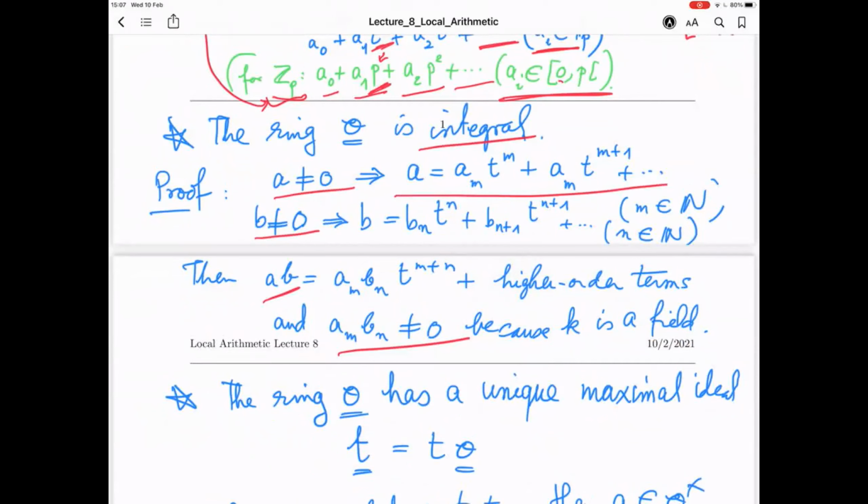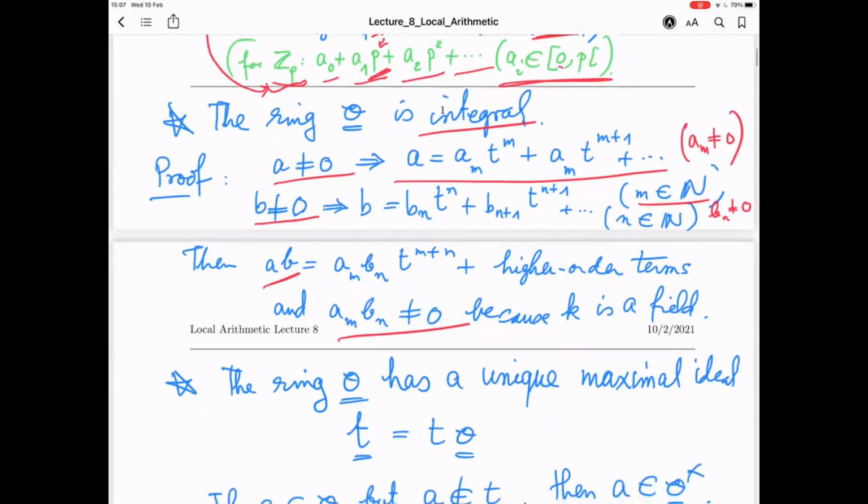It will be a_m T to the m plus higher terms, for some m in N, where I should have said a_m is non-zero. Similarly, I'm taking a B which starts at b_n T to the n, and this b_n is non-zero.